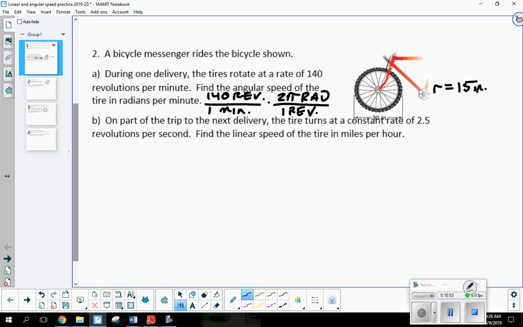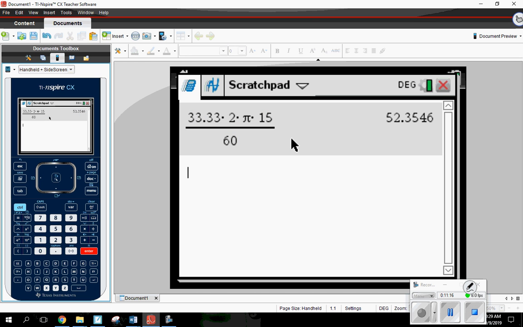Now, the first thing that should always cancel is what? The revolutions. So the revolutions are gone. I've got radians per minute. Is that what they wanted? Yeah. Okay, so I don't have to do anything else for part A. All I got to do is multiply. So 140 times 2 pi, so we're looking at 280 pi.